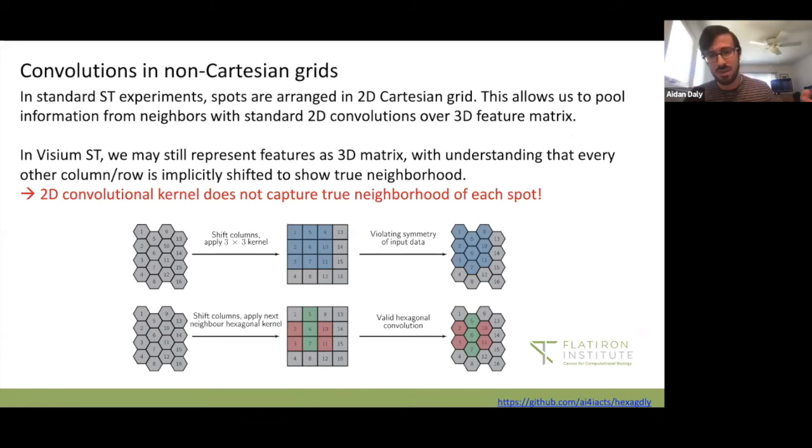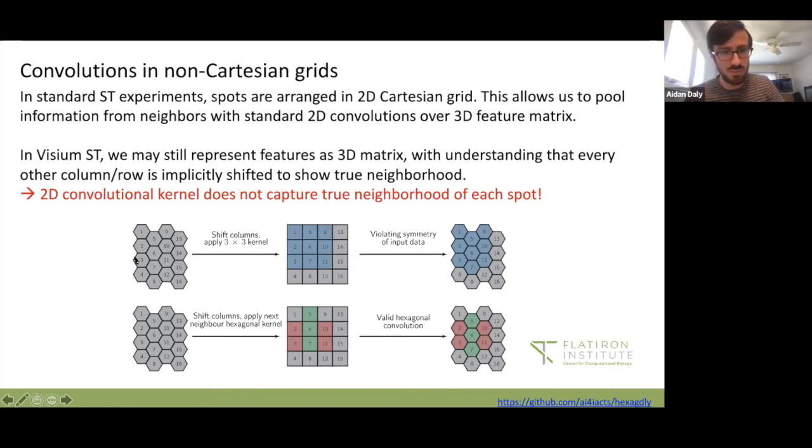So the problem with this is that convolutional neural networks are designed for data that are packed into nice regular Cartesian grids. You take a matrix and you scan it over your data row by row. In a hexagonal system, that doesn't quite work.